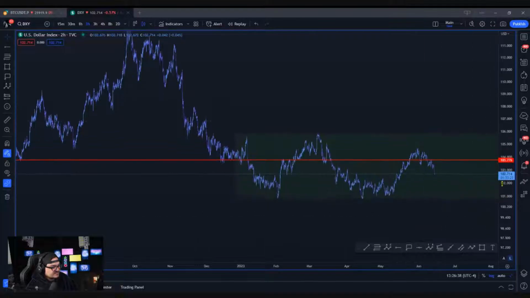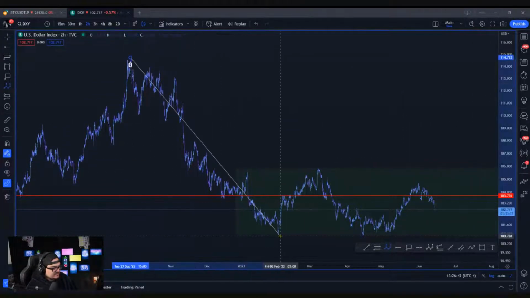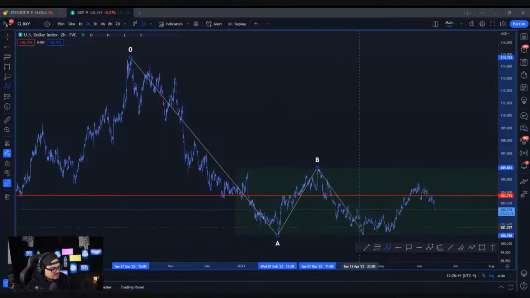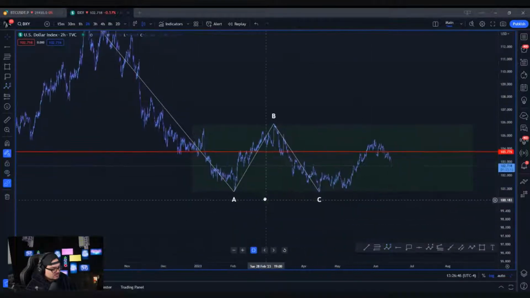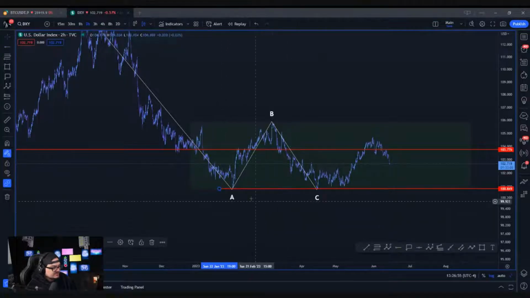Another thing to consider is that we do have a nice bullish ABC. And we did put in a lower low, and we are currently above it.